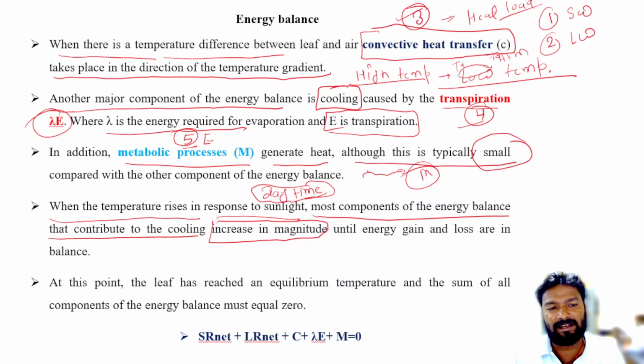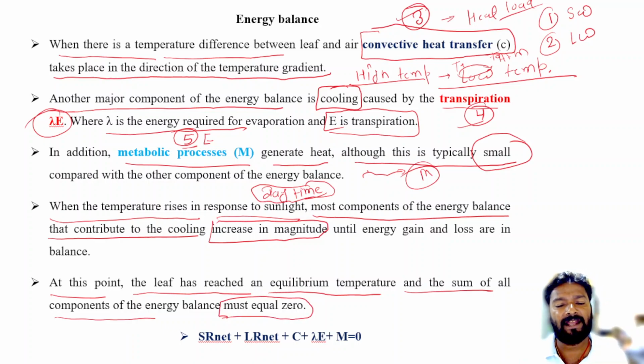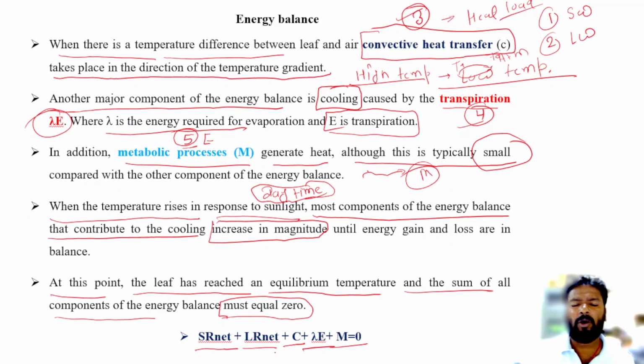When the energy gain and loss are in balance, there will be no heat transfer. At this point, the leaf has reached an equilibrium temperature and the sum of all the components is equal to zero, that is known as energy balance. So net short wave radiation, net long wave radiation, convective heat transfer, evaporative and metabolic energy, all together will be zero.